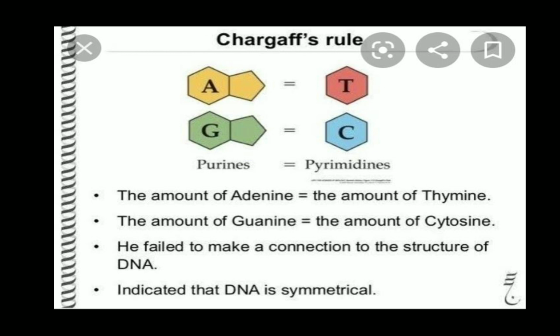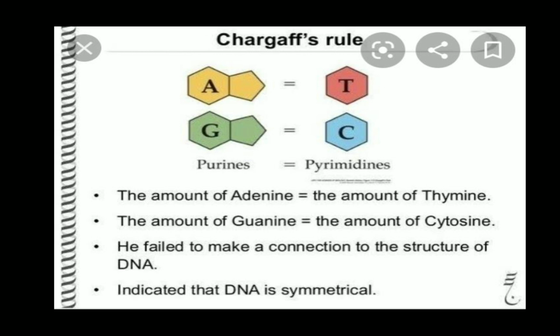It suggests that despite wide compositional variations exhibited by different types of DNA, the total amount of purines equals the total amount of pyrimidines. The amount of adenine equals the amount of thymine, and the amount of guanine equals the amount of cytosine.